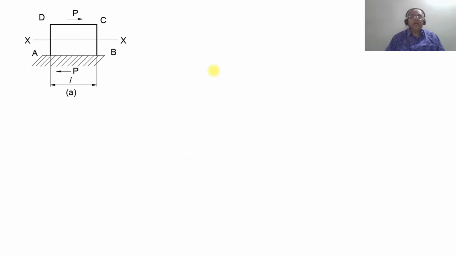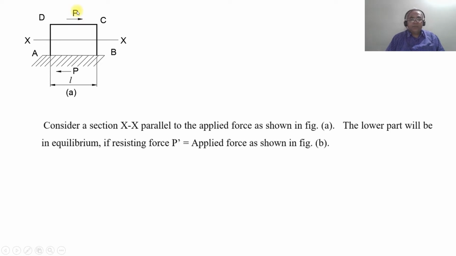So now we're going to consider a block, the element ABCD, wherein one end of the rectangular bar, which is AB, is fixed, and then you apply a shear force P at the top surface.